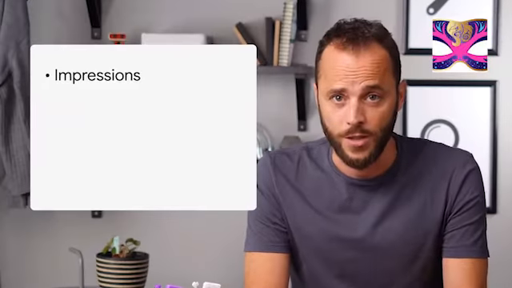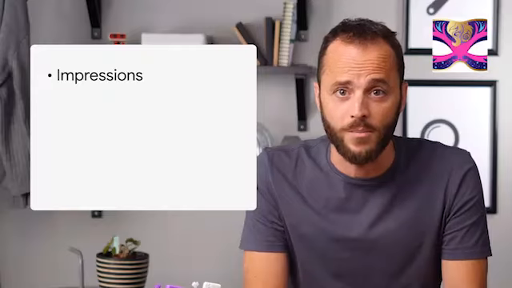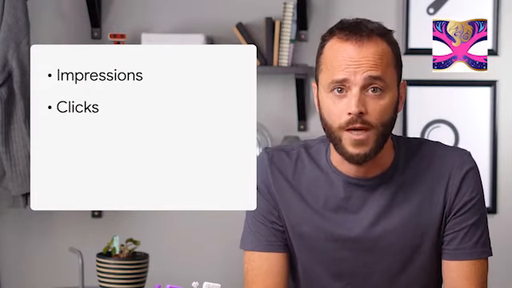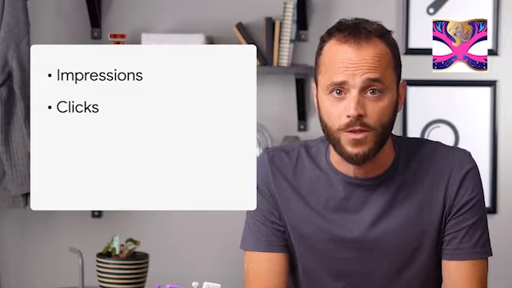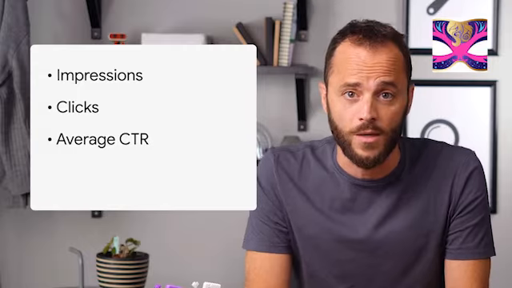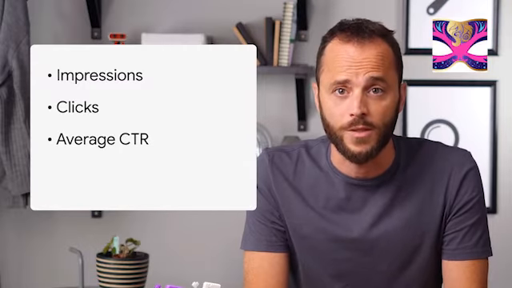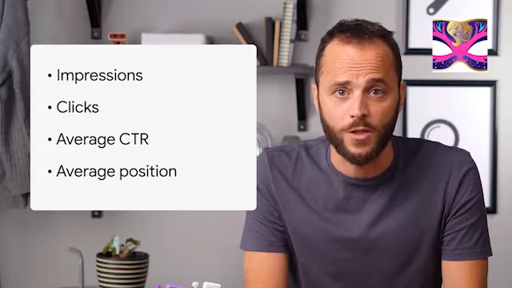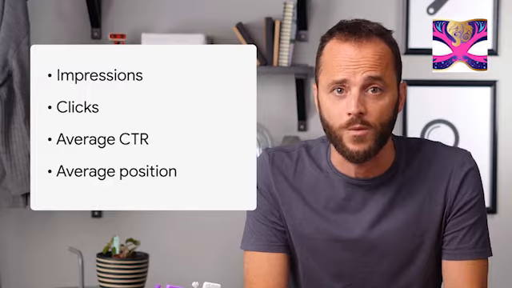For example, in the performance report, you'll find 4 metrics: impressions, the number of times your site appeared in a search result; clicks, the total number of times users clicked from a search result to your website; average click-through rate, or CTR, the percentage of impressions that result in a click; average position, the average position of your site in search results, based on its highest position whenever it appeared in a search result.